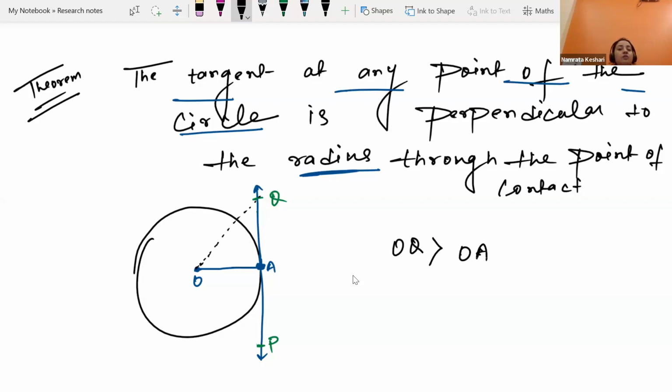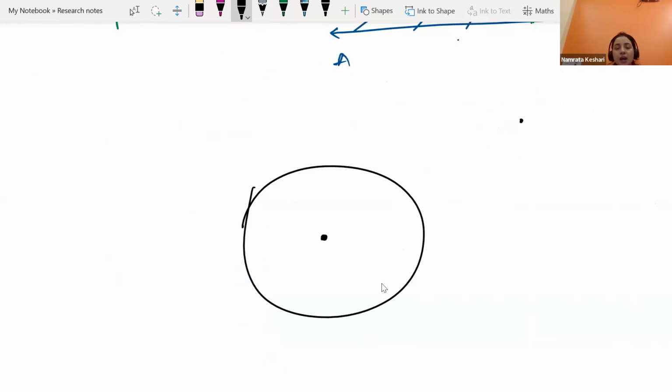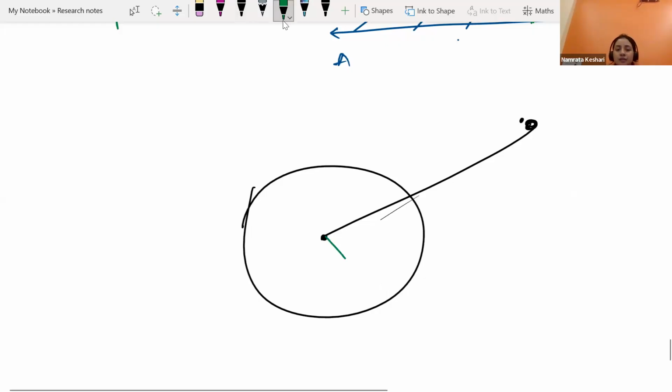OQ is bigger than OA because point Q is lying outside the circle. If we join the center with any point lying outside the circle, of course it will be bigger than the radius. Yes or no? Suppose here is the point; of course the distance, the length of this line, will be bigger than our radius. Right? Even if we take a point very close and join it with the center, still it will be bigger than the radius.